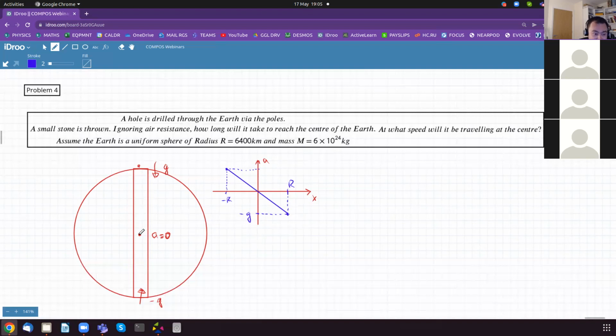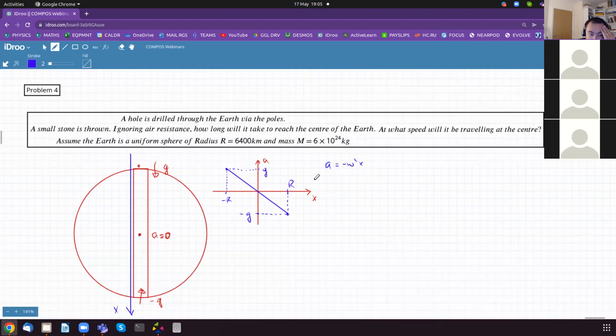I mean, acceleration at the center is zero. Acceleration at the bottom is minus g. Acceleration at the top is g, and the x-axis is downwards, of course, because we start from the top. We know the acceleration of simple harmonic motion is minus omega squared x.